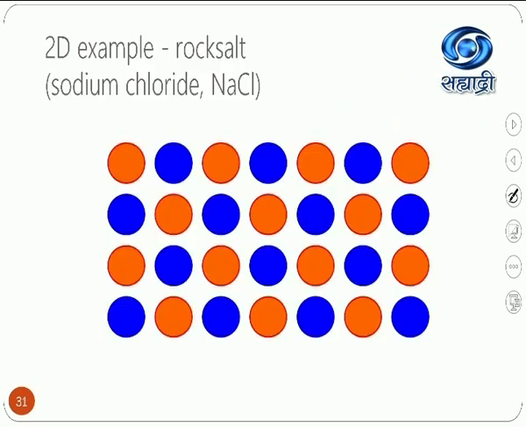Let us see a few unit cells. With the help of these unit cells, we will get an idea about how the stacking of unit cells takes place. Here you can see two types of spheres, orange spheres and blue spheres. These spheres indicate the positions of constituent particles of the solid, like atoms, ions, molecules or metal ions.